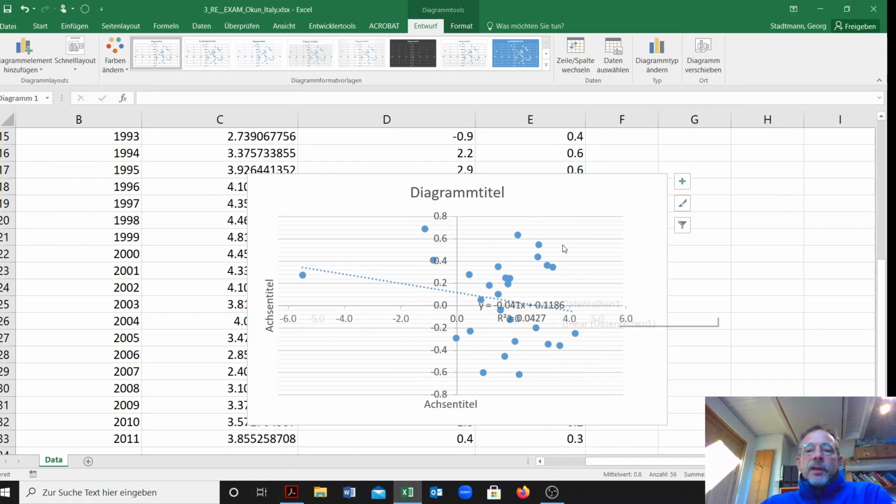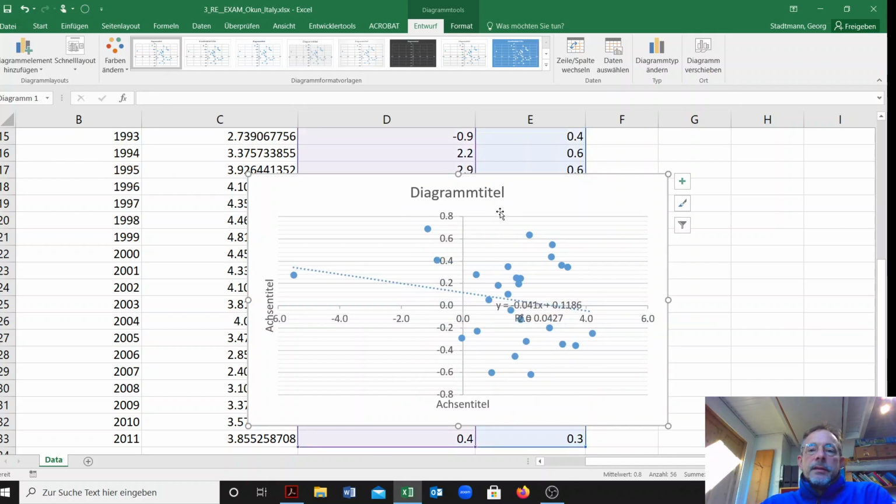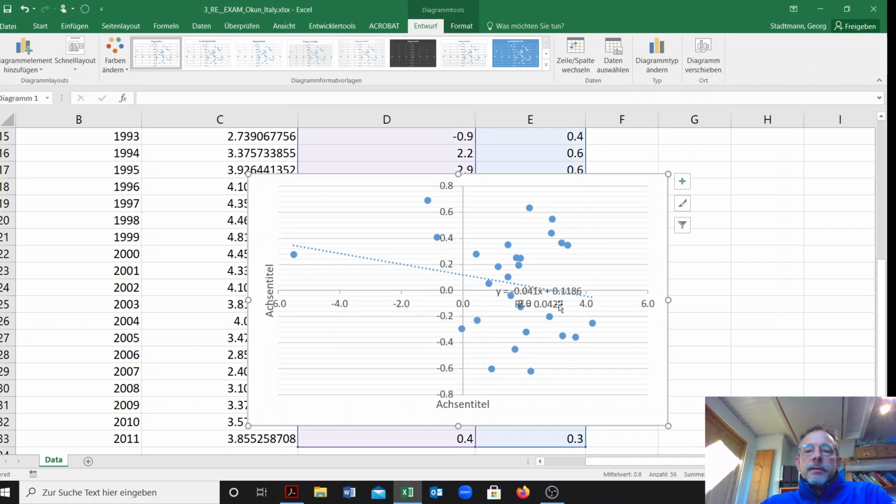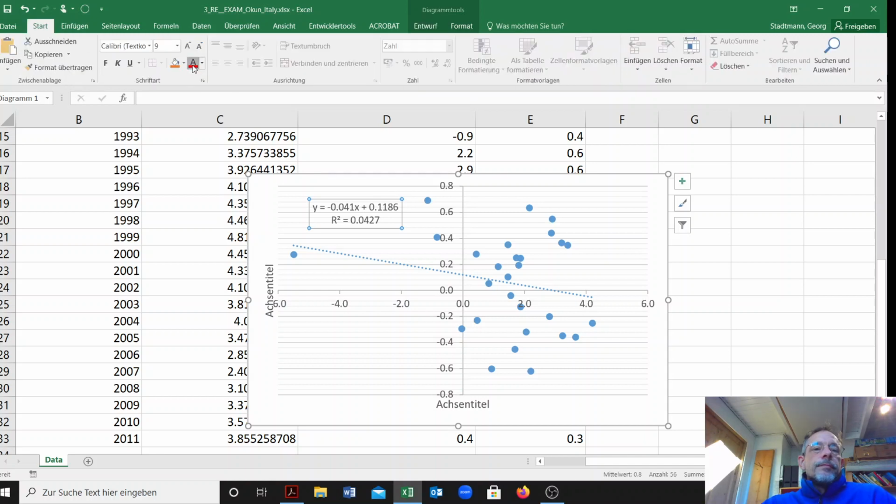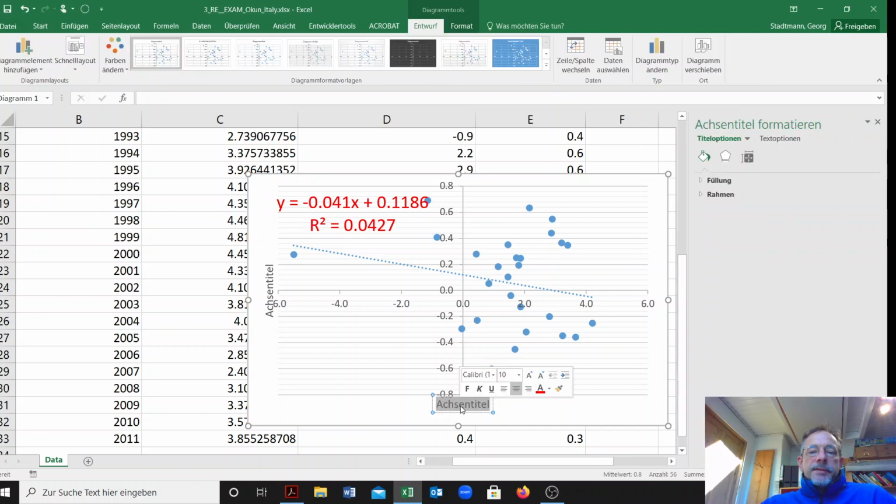Let's format this a little bit. I will augment it, make it a little bit larger. Okay, horizontal axis.